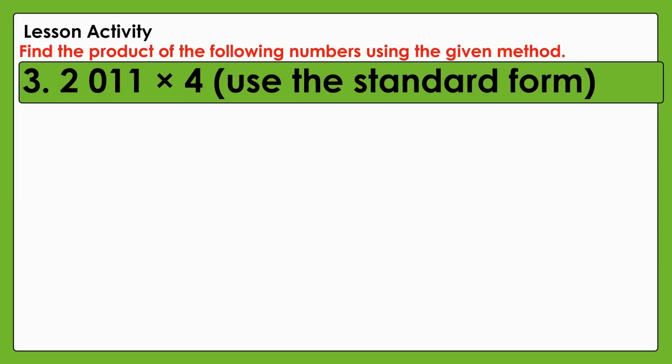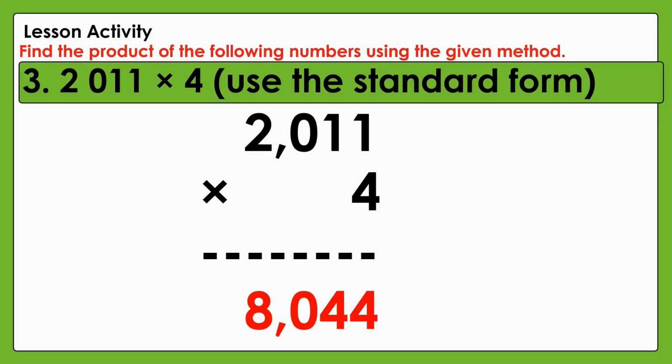For number 3, 2011 times 4, use the standard form. 2011 times 4 is equal to 8,044.